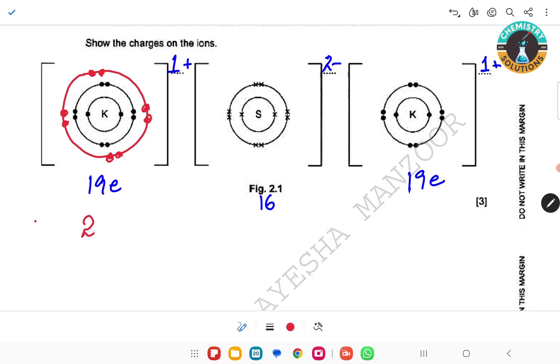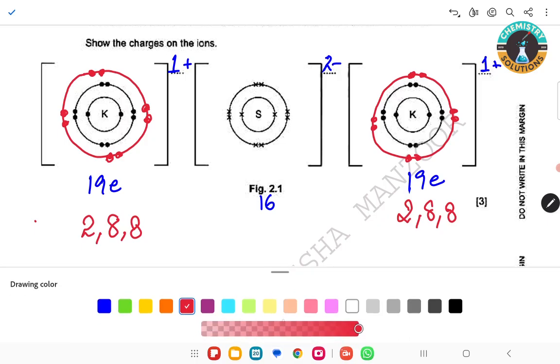Electronic configuration for the ion after losing the electron will be 2, 8, 8, similar to the noble gas. It will lose its one electron and will attain noble gas configuration. Okay, now come towards sulfur. Sulfur is a non-metal.